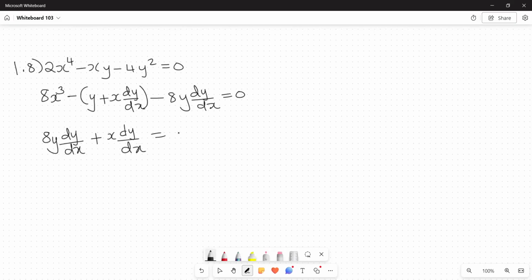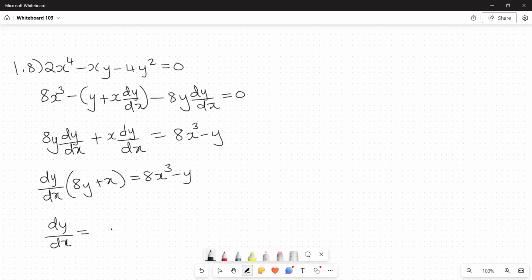Then on this side, I'm left with 8x cubed minus y, right? Then we factor out dy/dx. We have 8y plus x, is equal to 8x cubed minus y, and that means that dy/dx is equal to 8x cubed minus y over 8y plus x.